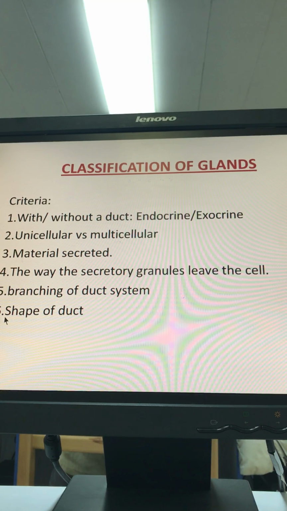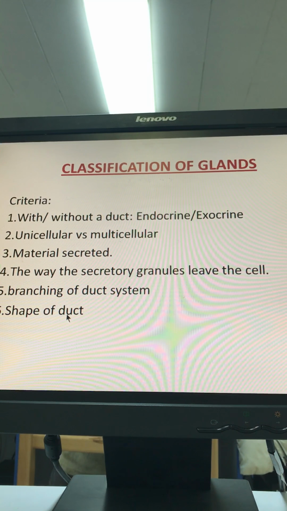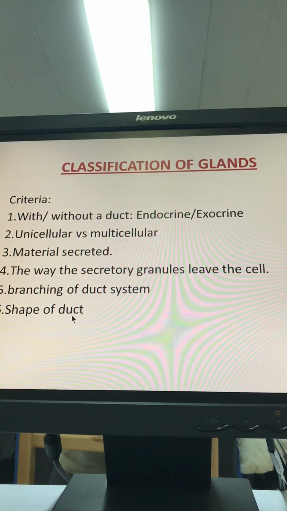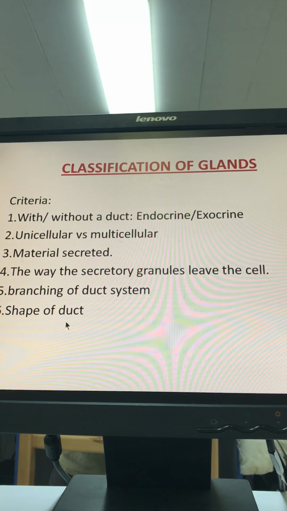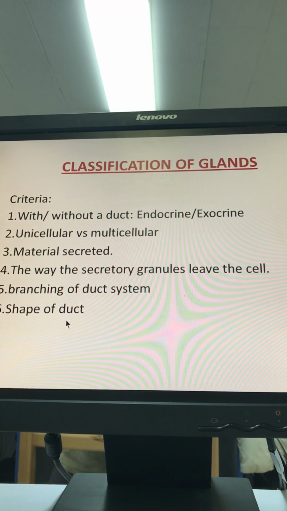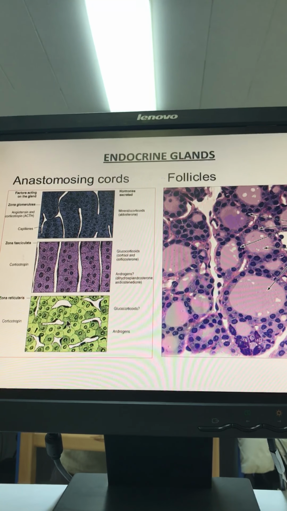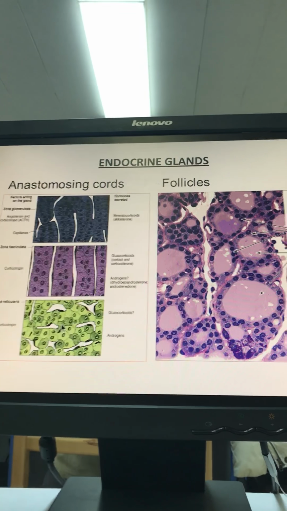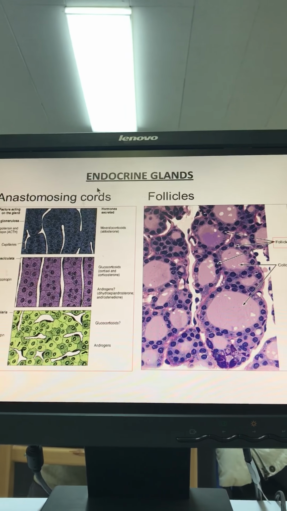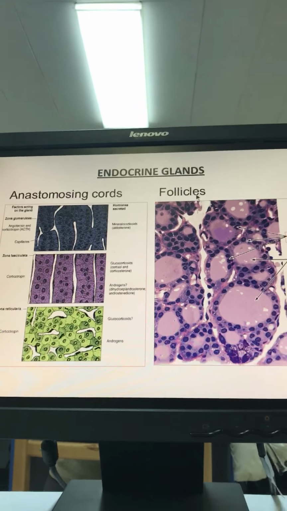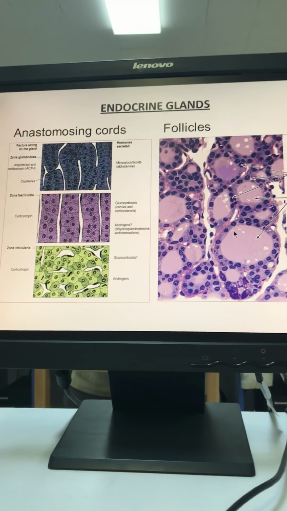We may tell about the shape of the acini, مش الدكت، هاي ضفتها امبارح. The shape of the secretory portion, okay? Now we will begin with the endocrine glands. Again, they are ductless. We may find endocrine glands in the shape of follicles, like rounded structures.